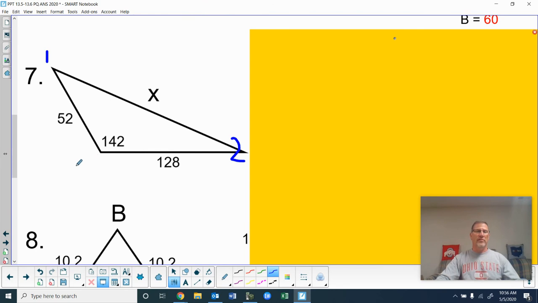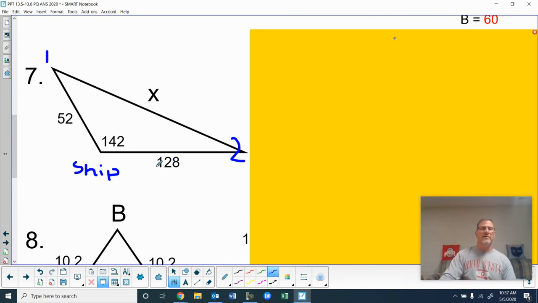The ship is right here between them. And that angle there where the ship is 142 degrees. All right. It says how far apart are the transmitters? We're looking for x. So we're not solving the whole triangle. We're just finding this side.